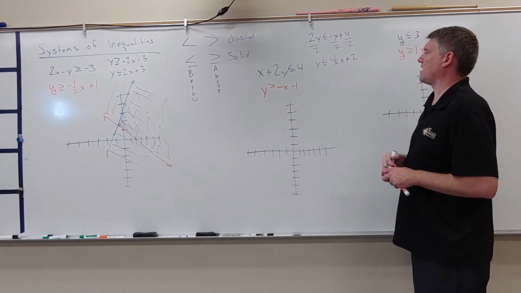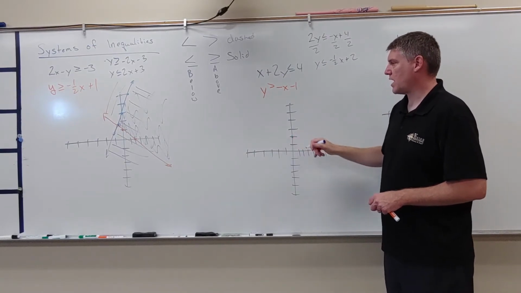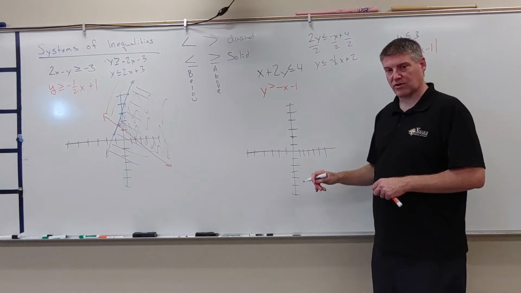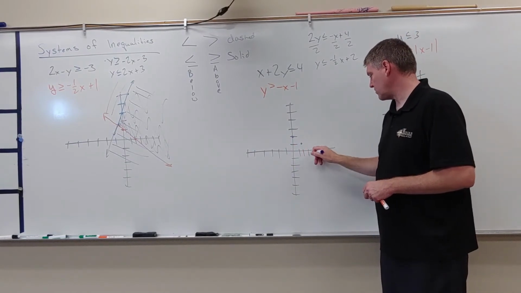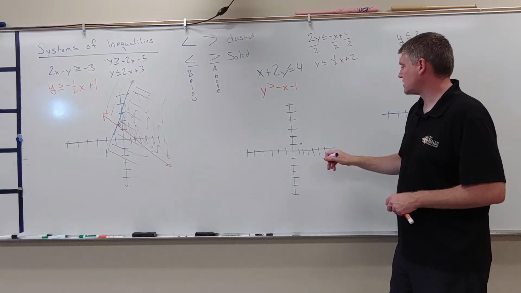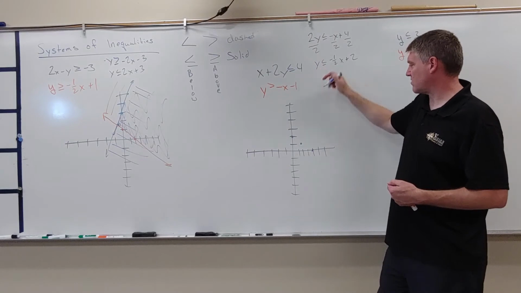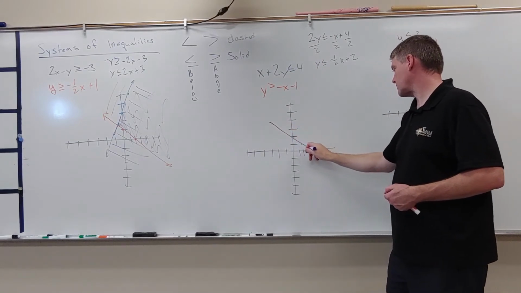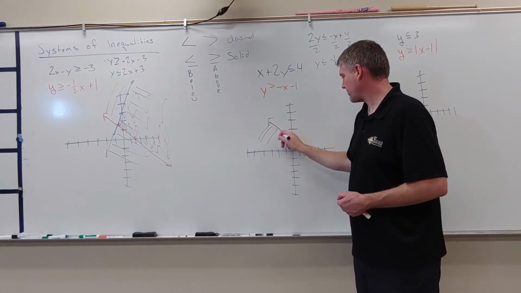Y is less than negative 1/2 x plus 2, so I'm going to go up 2. Now I'm going to use my slope, which is negative 1/2, so I'm going to go down 1 over 2, down 1 over 2. There's my points. Solid or dashed line? It's going to be solid because of the equal to. And I am less than, so I'm below.